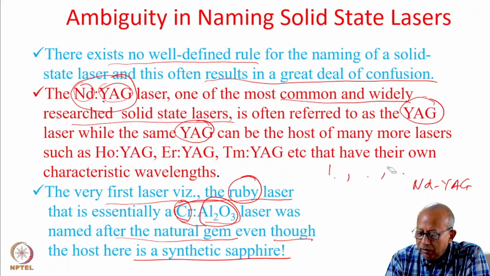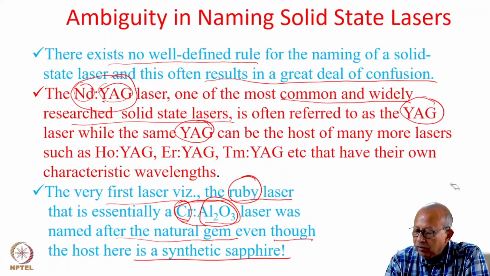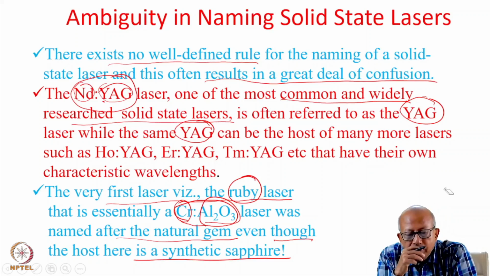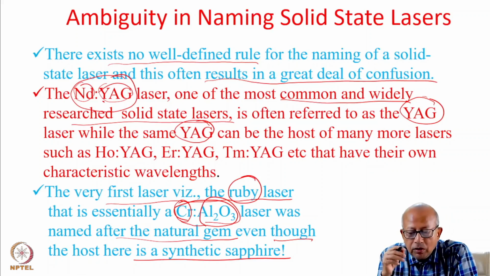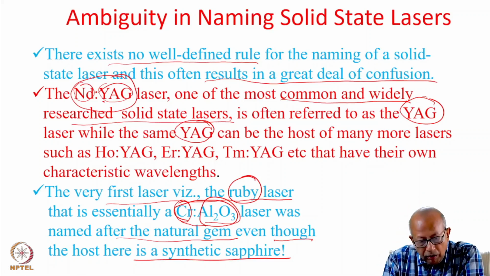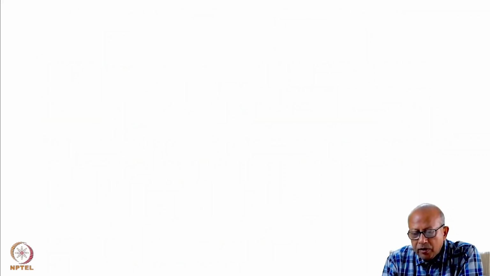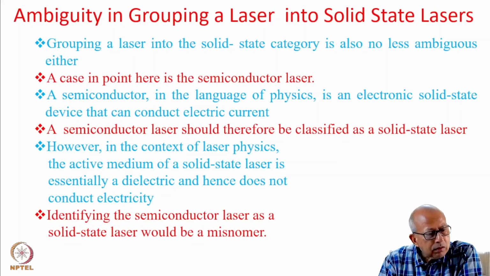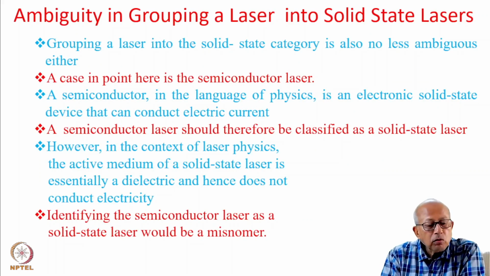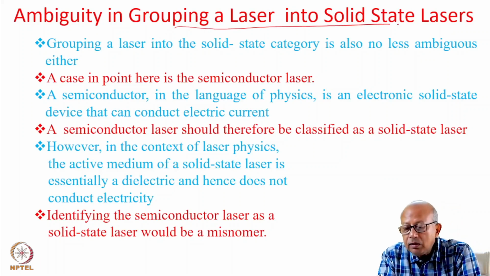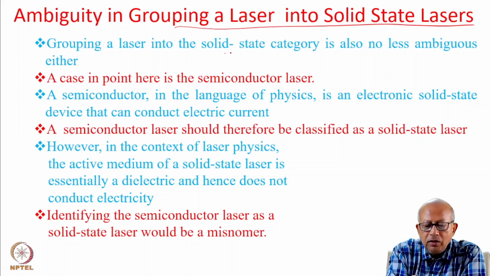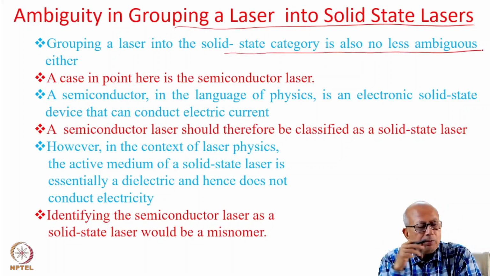So you can appreciate the great deal of ambiguity that is prevalent in naming solid state lasers. And the story doesn't end here though. There is also ambiguity in grouping a laser into solid state. Grouping a laser into solid state laser is also no less ambiguous.